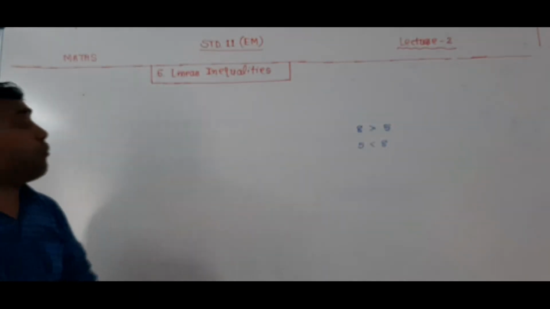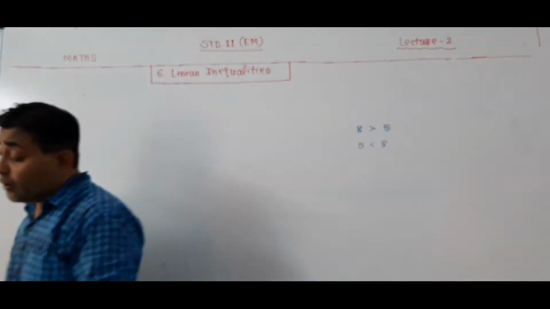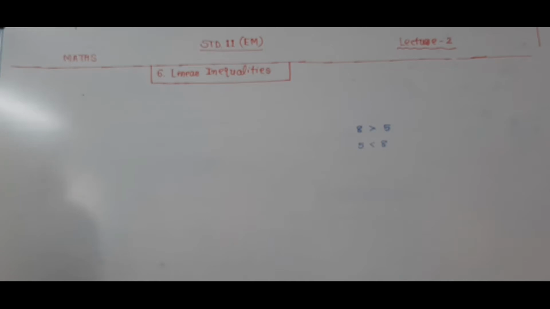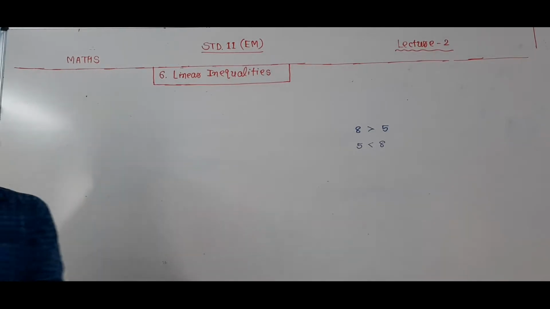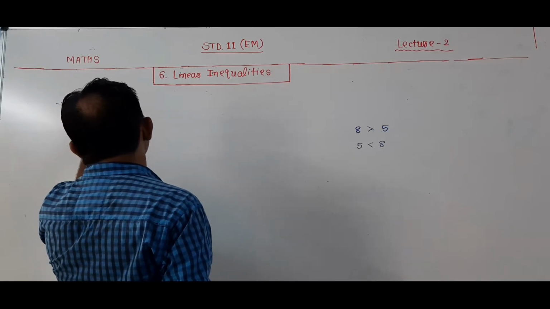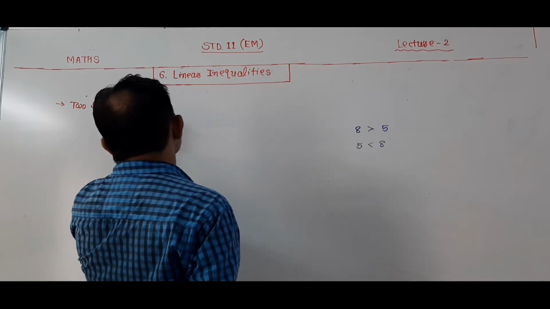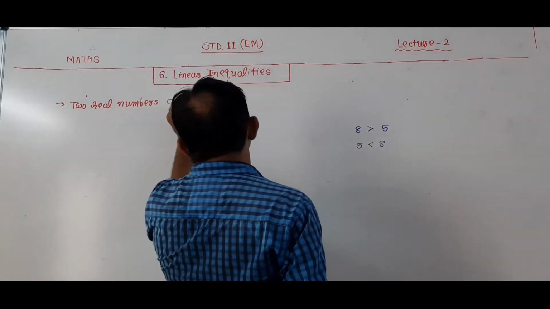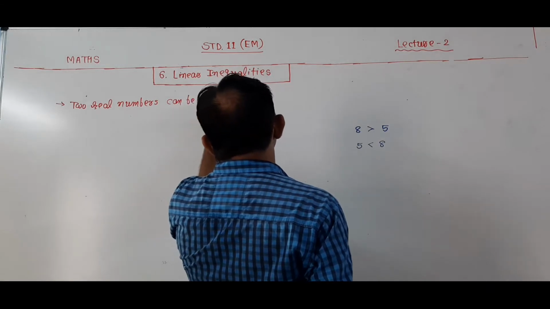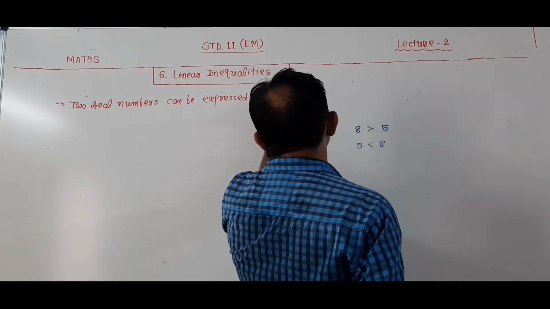So any two real numbers expressed with the symbol greater than or less than, then it represents an inequality. So the first basic thing about inequality is this: two real numbers can be expressed with the symbols.